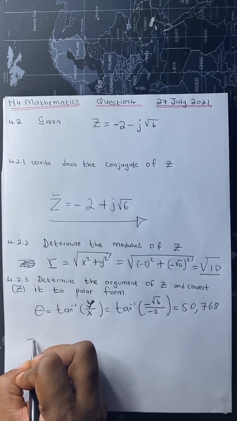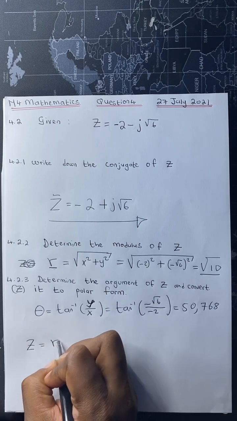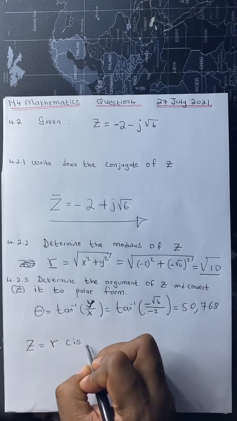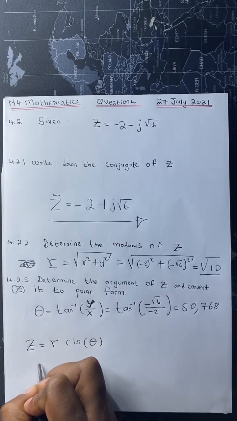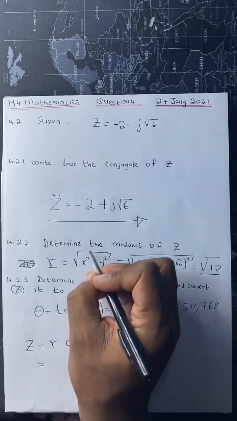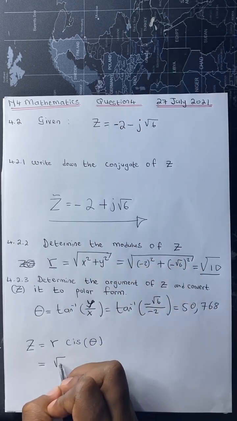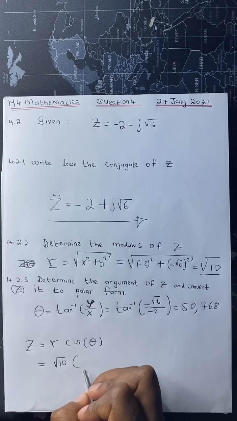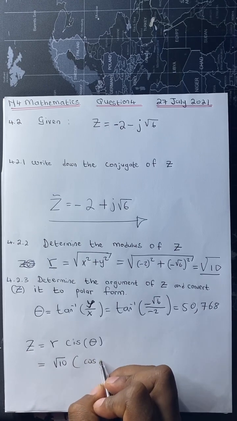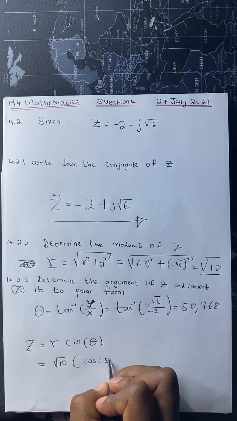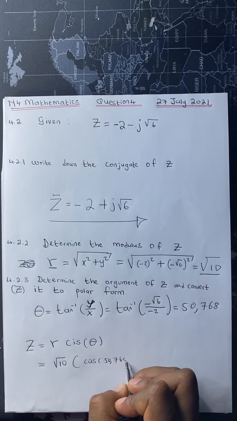So z will be equal to r cis theta, where we determined r, our modulus, as the square root of 10, multiplied by cos of 50,768.